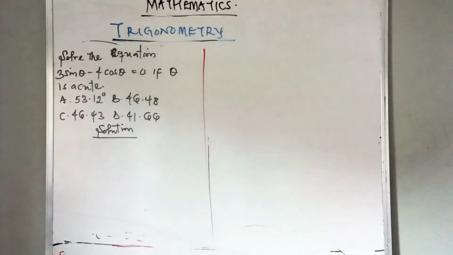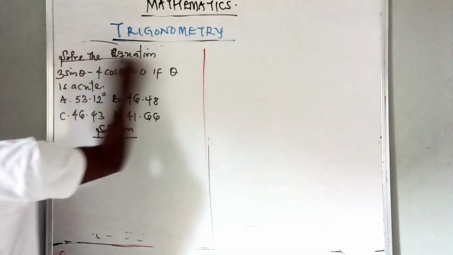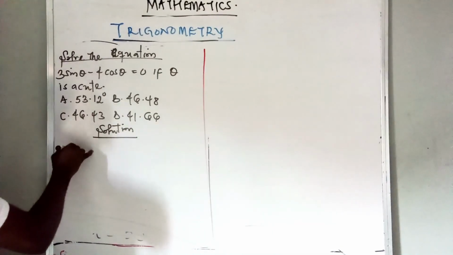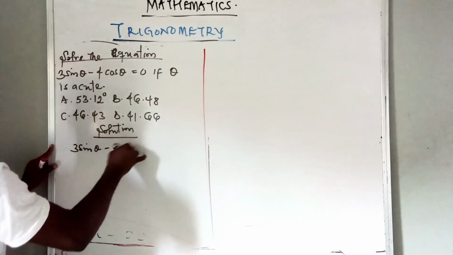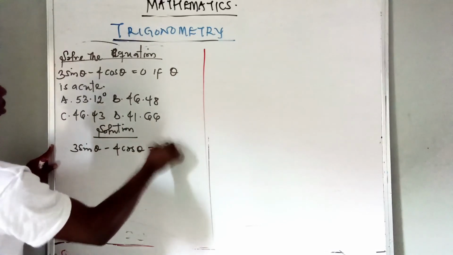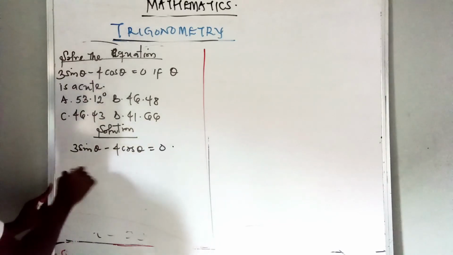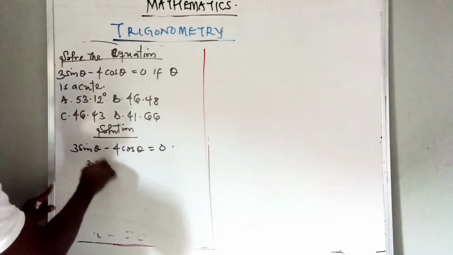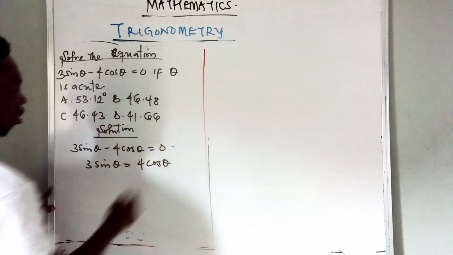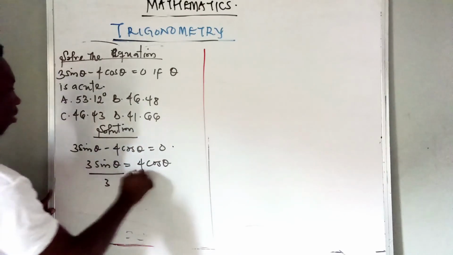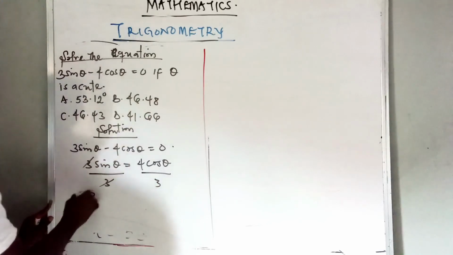So going further, look at this question. Solve the equation. If 3 sine theta minus 4 cos theta is equal to 0, and theta is acute. So this becomes 3 sine theta is equal to 4 cos theta. Let's divide both sides by 3. So 3 cancels 3.